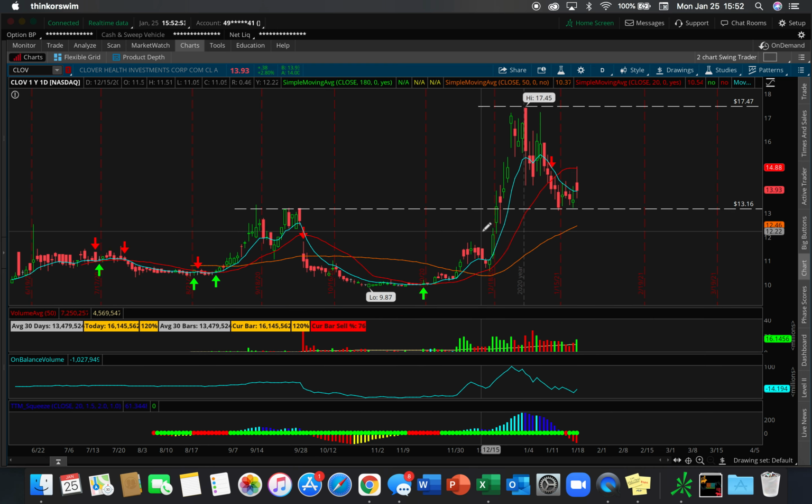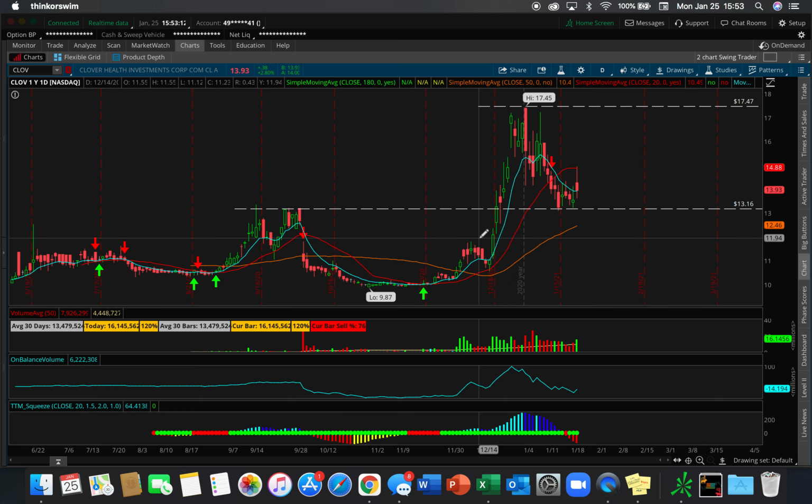Now, if you move to the right, the chart actually breaks through this level. And what happens with a level? If you have a resistance level that is broken, it now acts as support, and vice versa.